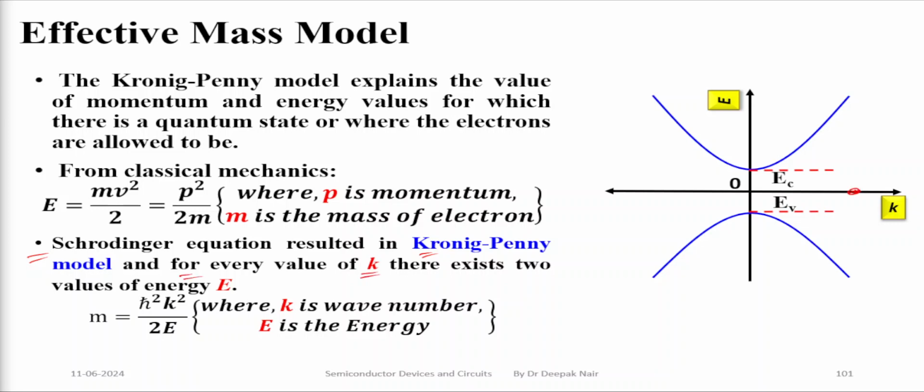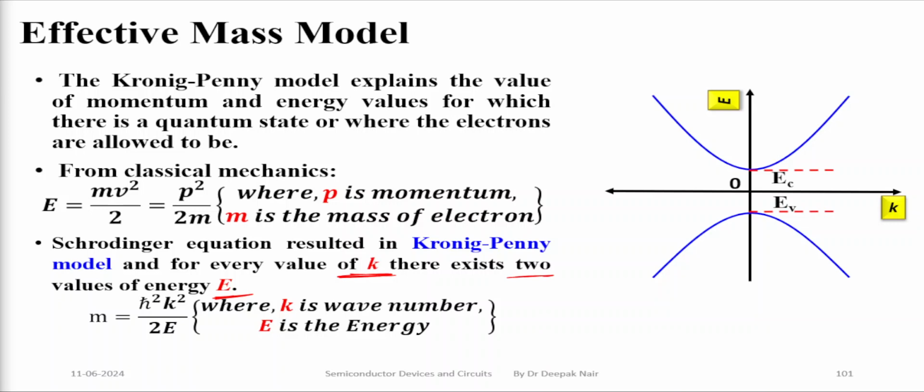For every value of k, if you go to the axis of k, which is the x-axis, there exist two values of energy. For example, if I take this point, then you can see there are two values for energy. Now this is a very interesting topic and might be a bit confusing for many people, so please watch this video carefully. For every value of k, we can have two different values of E, not a single value.